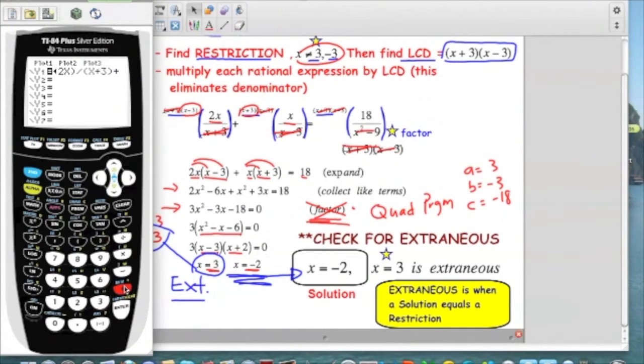Now I'm going to move the 18 over to the other side, so it becomes negative 18. So minus 18.